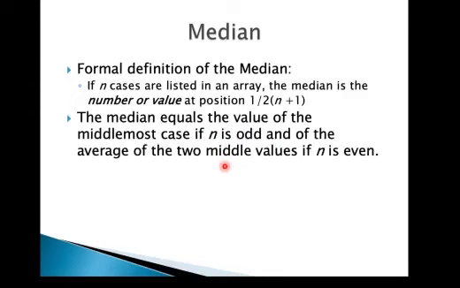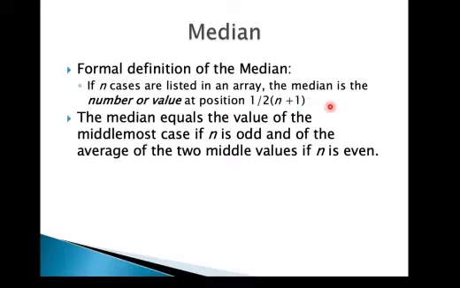And so formally, we can give the definition of the median: if n cases are listed in an array, the median is the number or value at position (n plus 1) divided by 2.